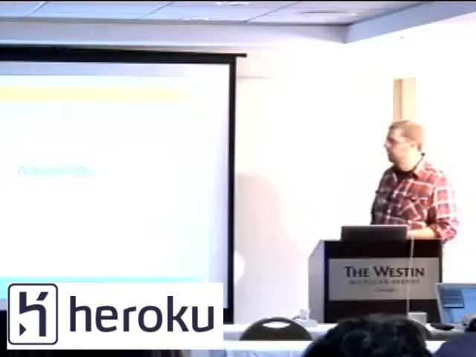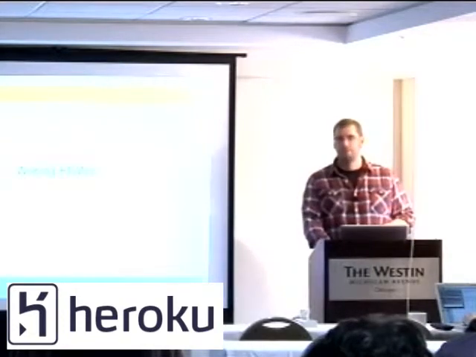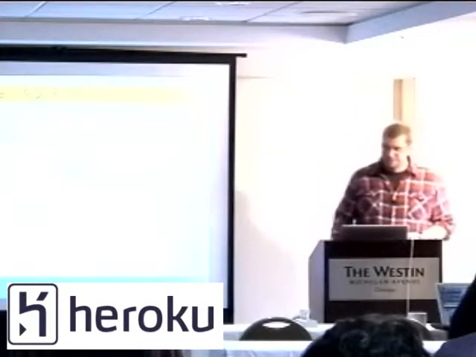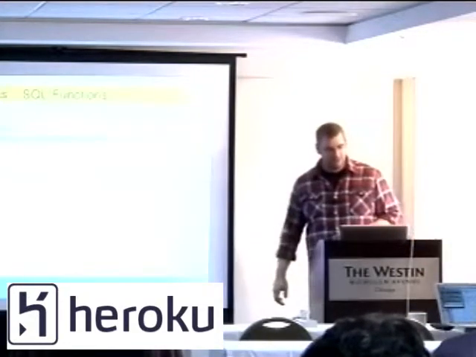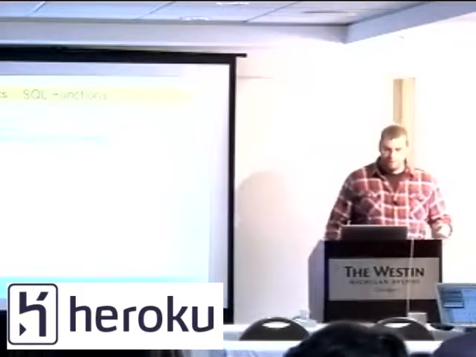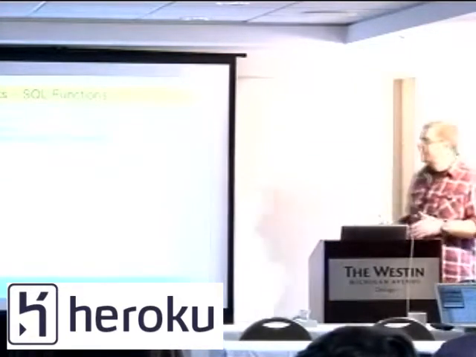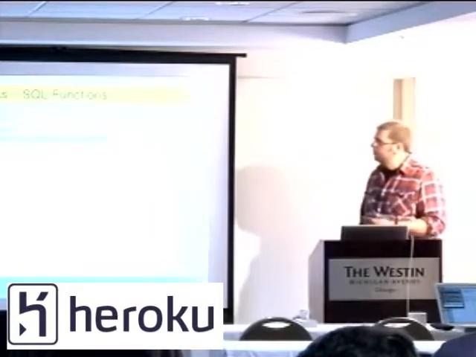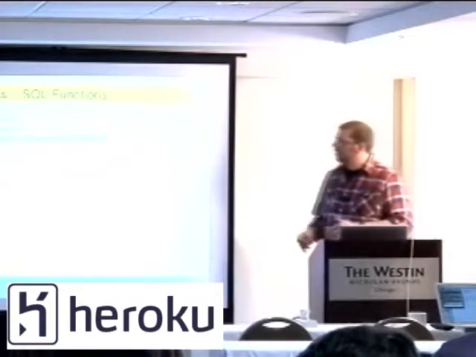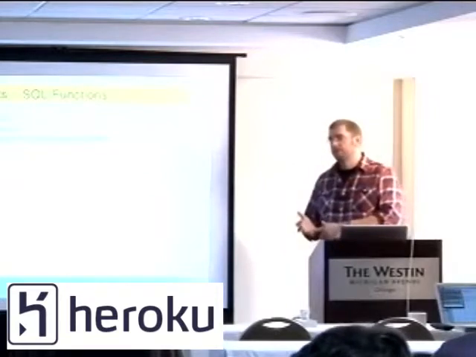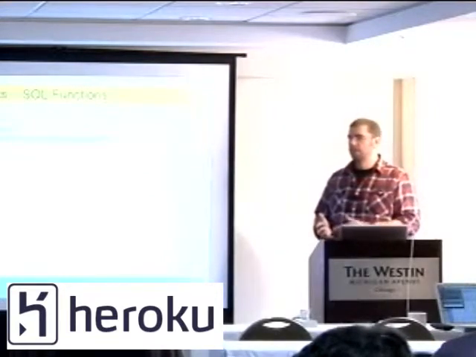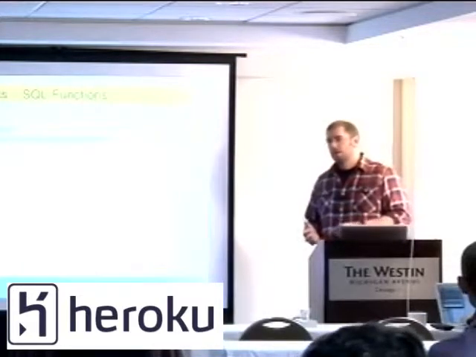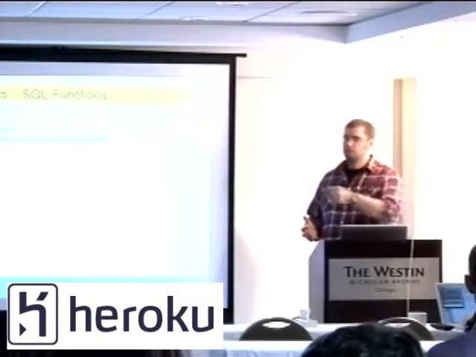Okay, writing FDWs. This is the fun part for me, and perhaps not the fun part for some other people, depending where your interests lie. I mentioned earlier that one of the things we must have is a handler function written in C. The purpose of the handler function is that it provides pointers to the callback functions within the foreign data wrapper, so that Postgres knows what functions it needs to call.